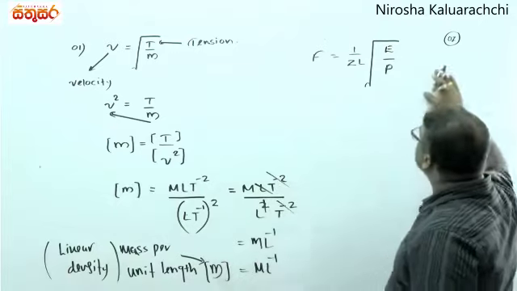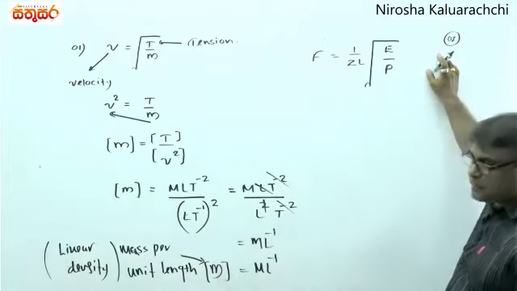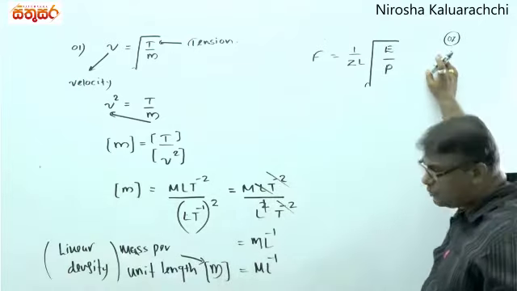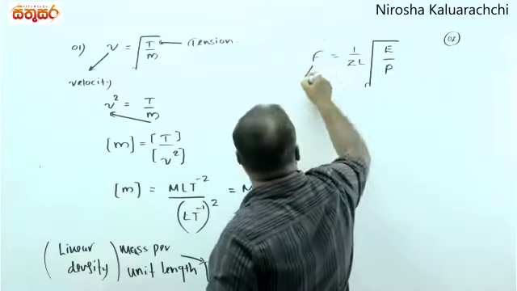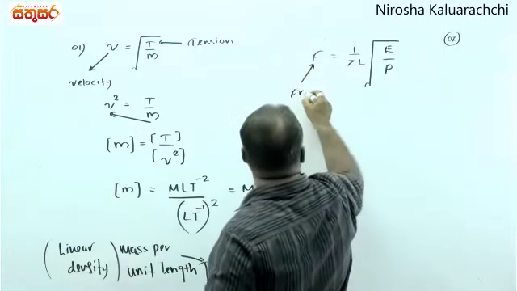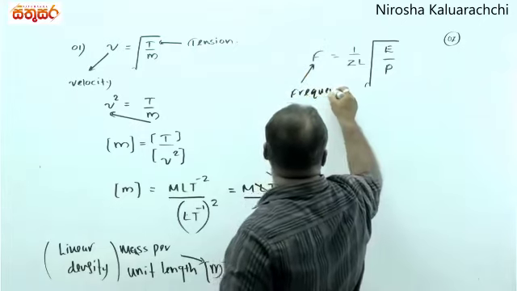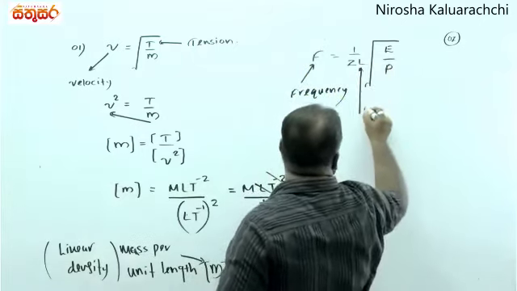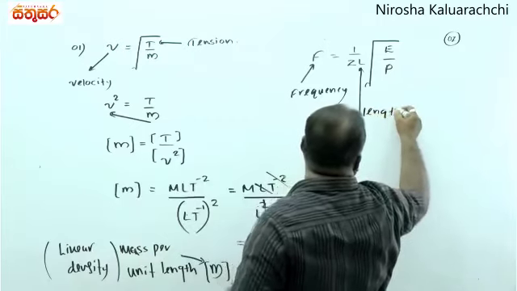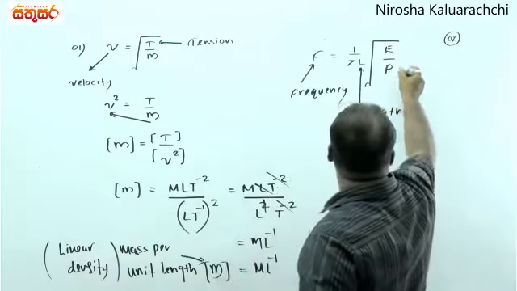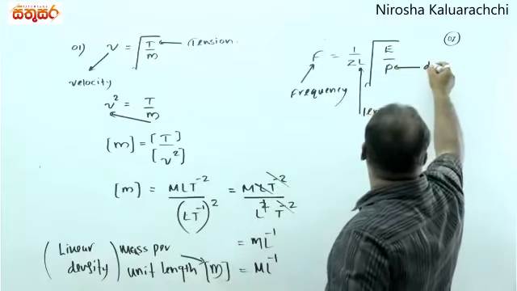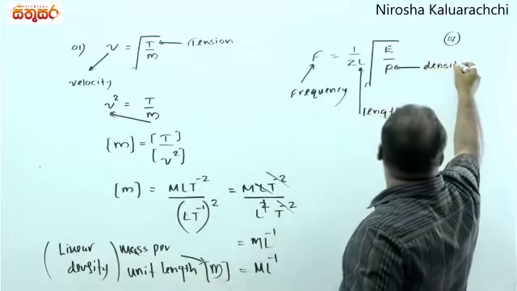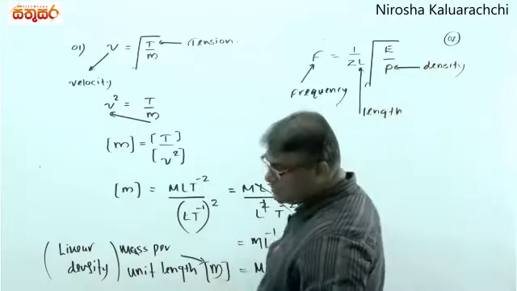Frequency is related with the following equation, where f is frequency, L is length, rho is density.